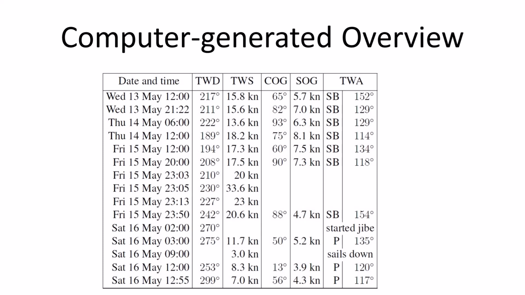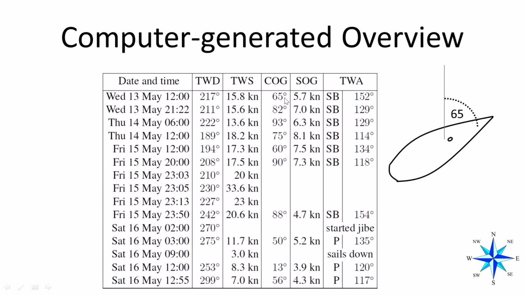They show the true wind angle. That is the true angle between the heading of the boat and the true wind direction. So if we take the first row as an example, using north as pointing up here, in the first line you see we are sailing at a course over ground 65 degrees.